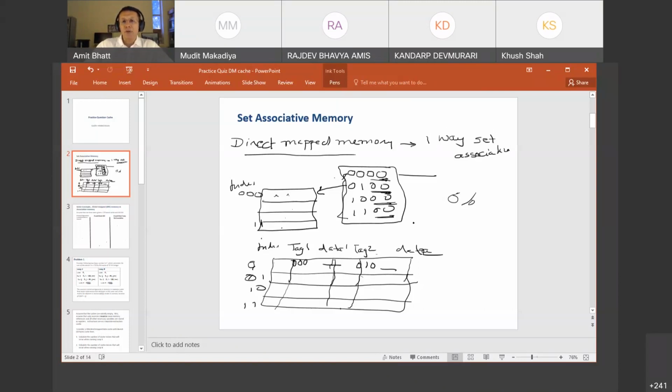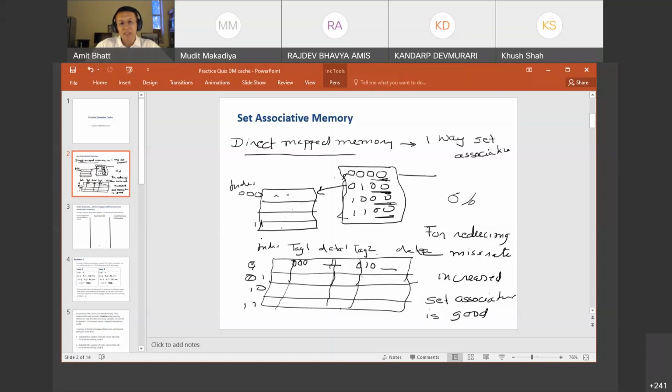So for reducing miss rates, increased set associativity is good, right? That means you are reducing conflict misses.